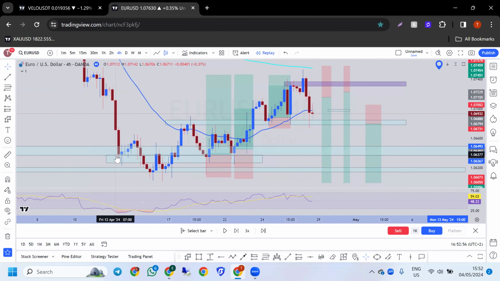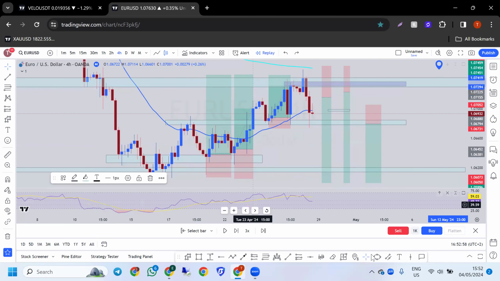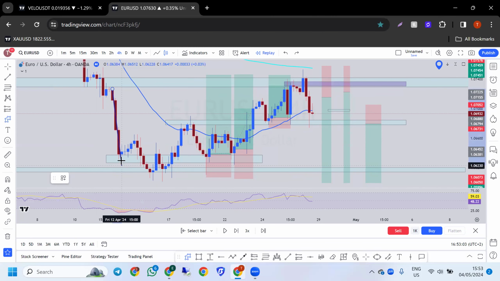As we had inverted head and shoulder right here, the market made a higher high, and we bought at the retest of the last lower low, before we got this, of the second to the last lower low.